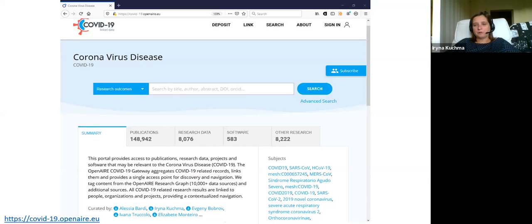And the way they work, if there is a research community, for example, European bioimaging community, that wants to have like a virtual research environment where they could see all discipline-specific publications in one place, research data, software, and if they can use this as collaborative working space, then they could approach OpenAIRE and we'll be happy to collaborate. So this COVID example is something that we do ourselves as OpenAIRE in collaboration with some curators from health and medical sciences.